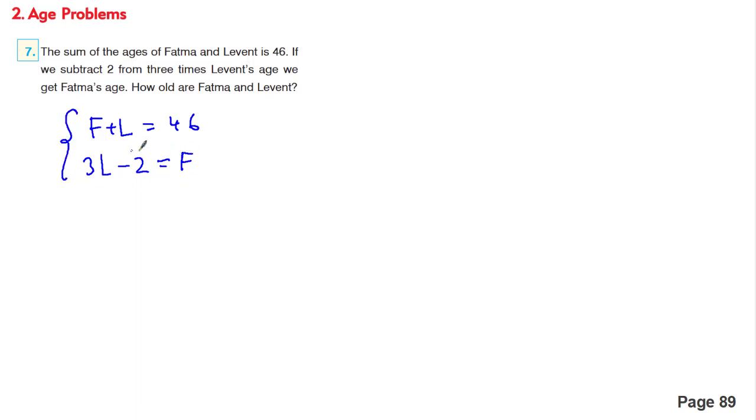Again, we can use simple substitution. So instead of F, we can use 3L minus 2. So what do you get? You get 3L minus 2 plus L, it's 46.